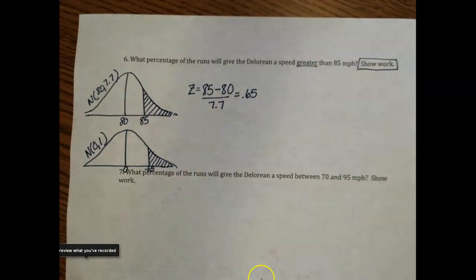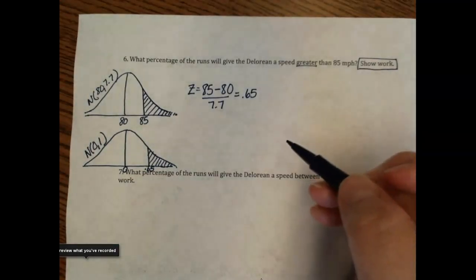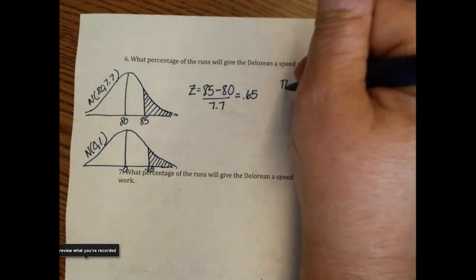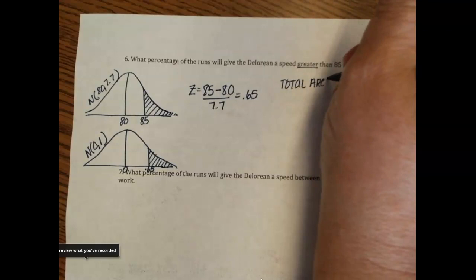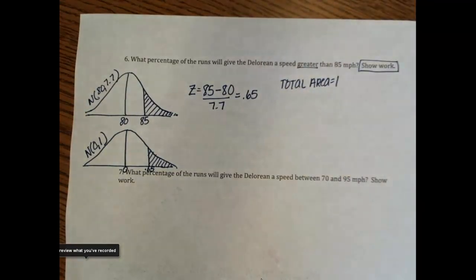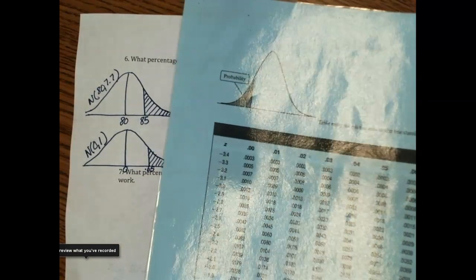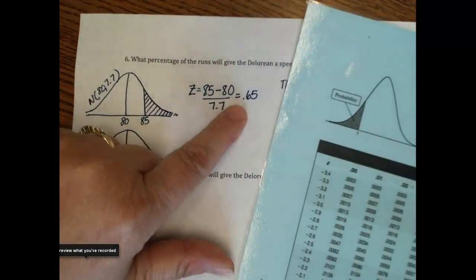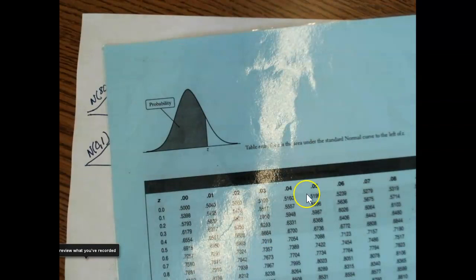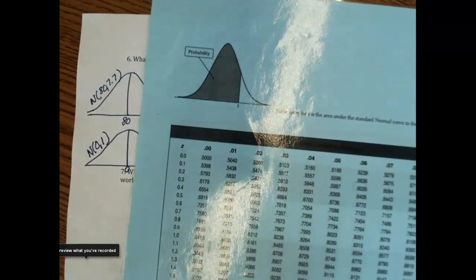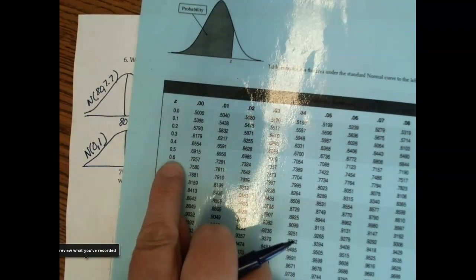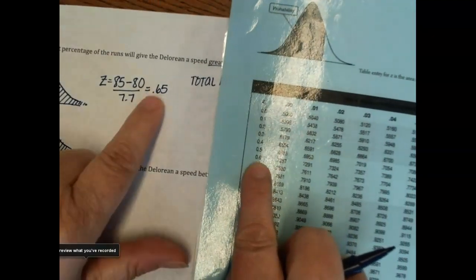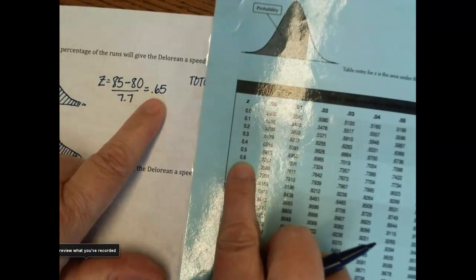So let's see what we've got. I'm going to remind you here that our total area under the curve is 1. So take your table A. 0.65 is a positive value, so make sure you flip to the positive side. And we're going to say 0.6 because our first number is really 0.6.